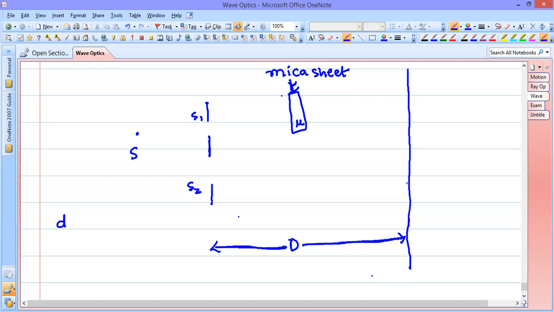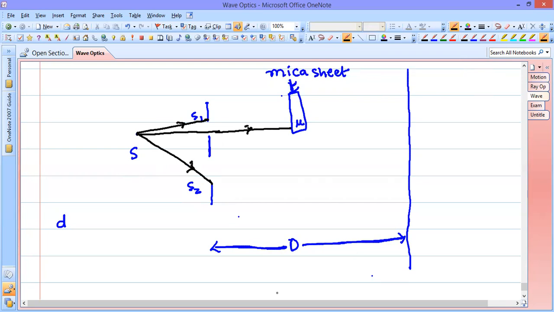Now, likewise before, whenever the light rays pass through the slit, I am having a light ray which is passing through the slit like this. Another light ray is incident on the slit S1 and slit S2.